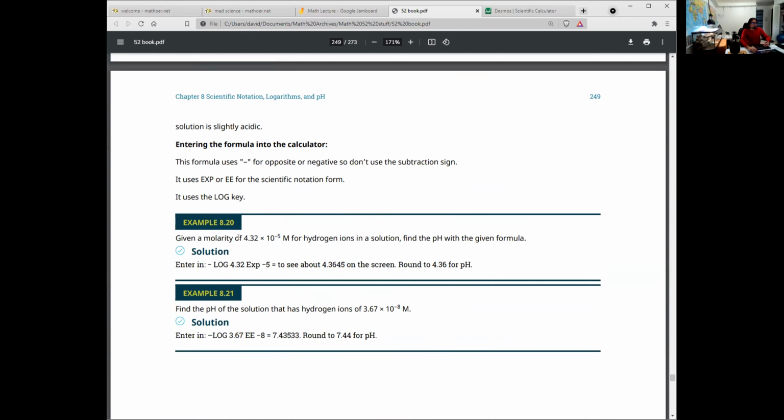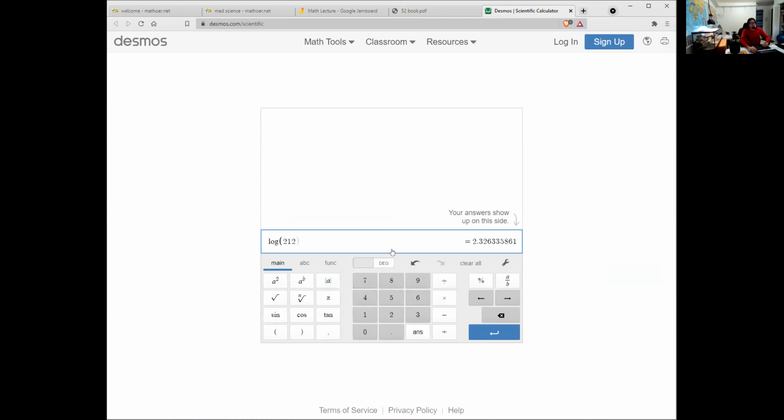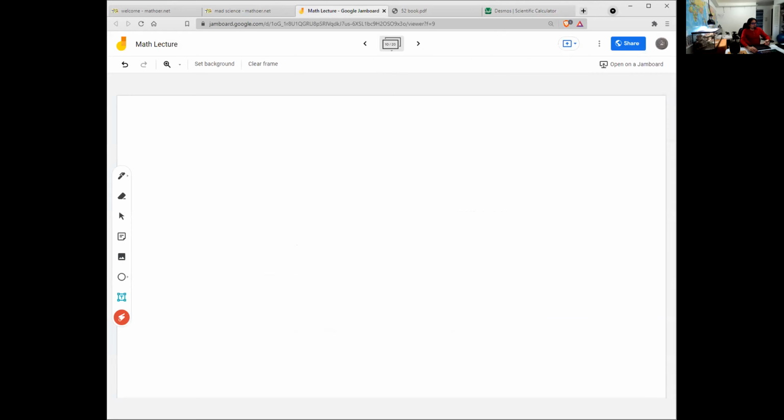How do I plug this number in the calculator? 4.32 times 10 to the negative fifth. The Desmos calculator fails me. It doesn't have the right button for this. So I'm going to make a new slide and paste, coming to my rescue, the Windows 10 calculator.